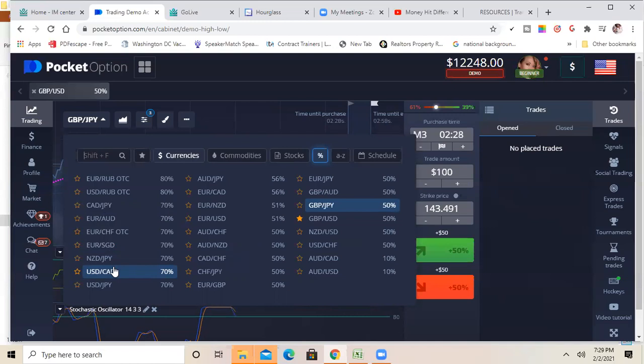So what I would suggest, and what the IM educators have been suggesting, is 70% or higher is what you want to pay attention to for those trades. Yes, you can do commodities. Yes, you can do stocks and currencies. All right, so we're going to look for GBP/JPY. It says 50%. Do I want that trade if I'm really looking for 70% or higher?